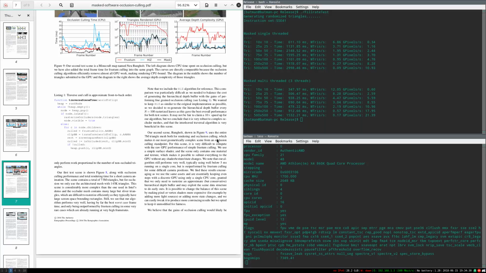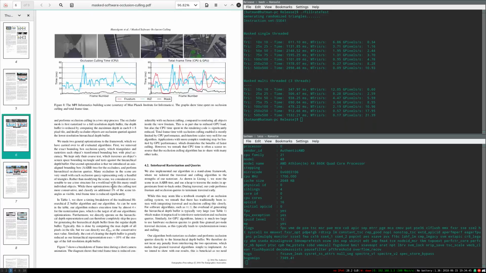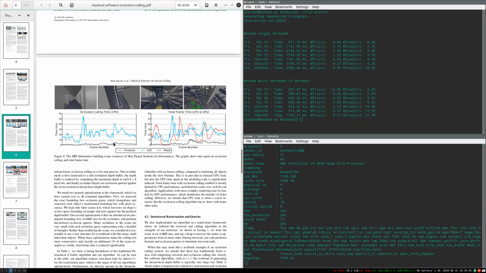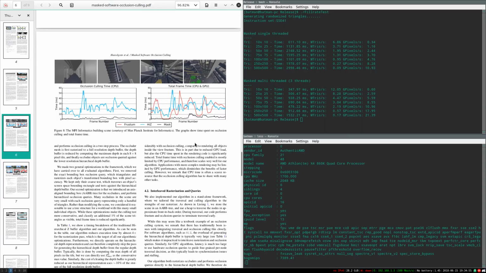So let's see what the paper claims. The paper claims that for a scene of 73 million triangles, and with an occlusion mesh of 143,000 triangles, they can do occlusion in just about 5 milliseconds in the worst case, giving a worst case render time of about 10 milliseconds. That's what they claim.